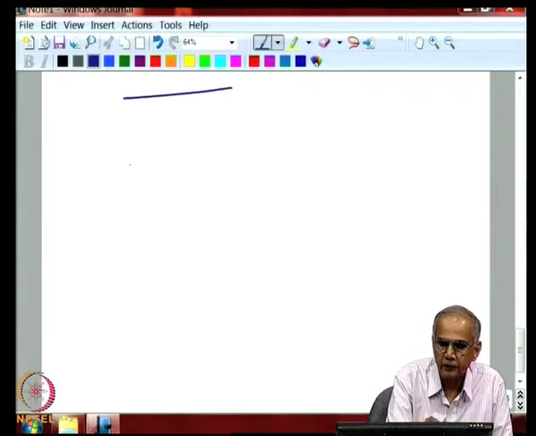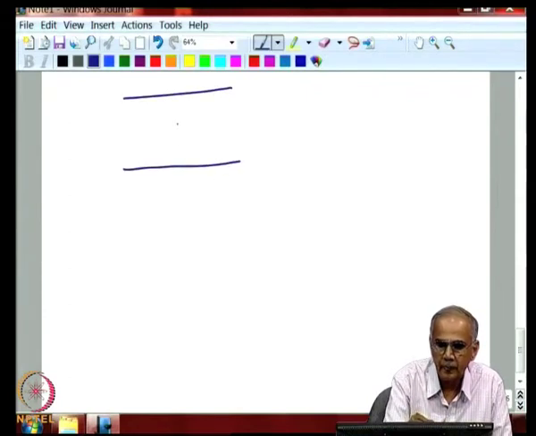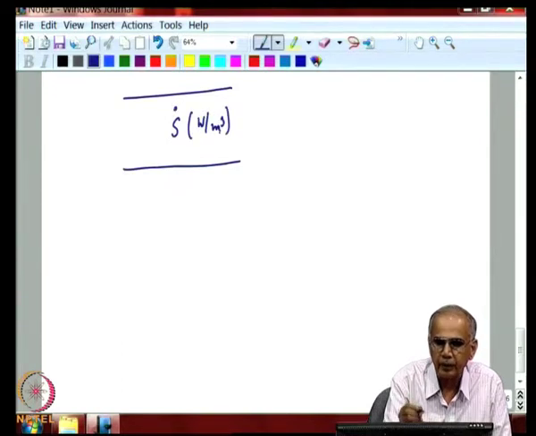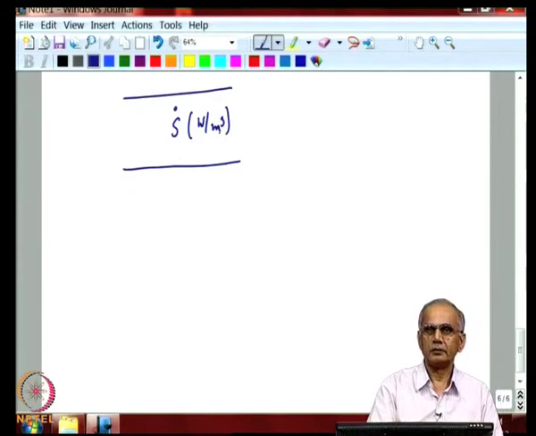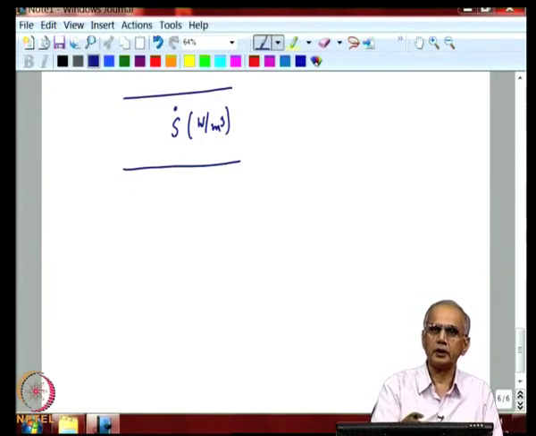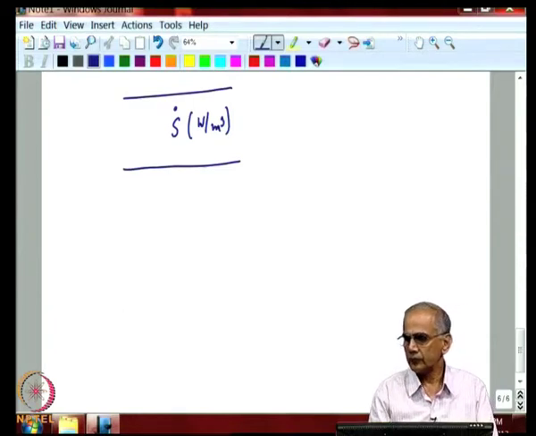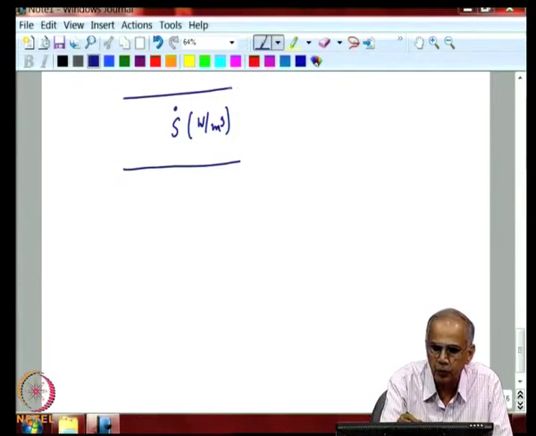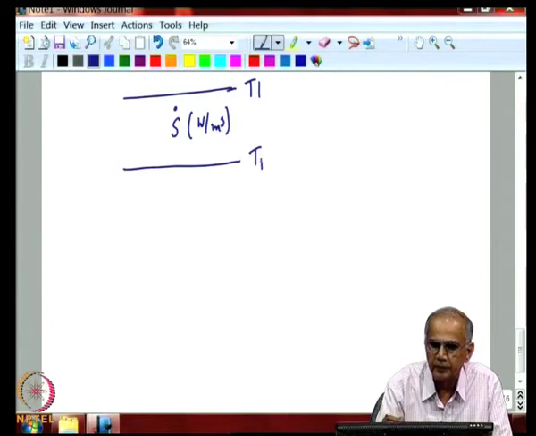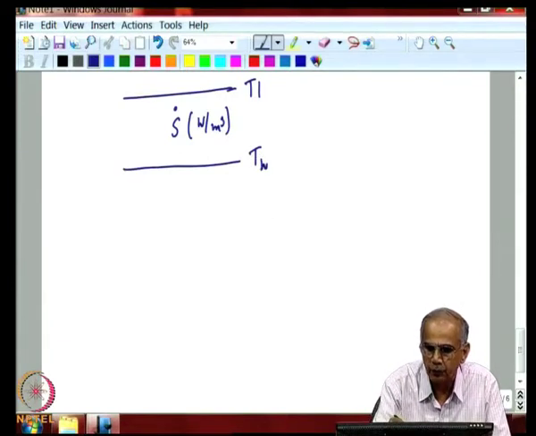Imagine a furnace in which heat is released at S dot watts per meter cube by combustion. Imagine a furnace in which there is combustion occurring, heat is released at the rate of S dot watts per meter cube. And for convenience, we will assume the two walls are the heat sinks. They are at the same temperature, let us call them T wall.